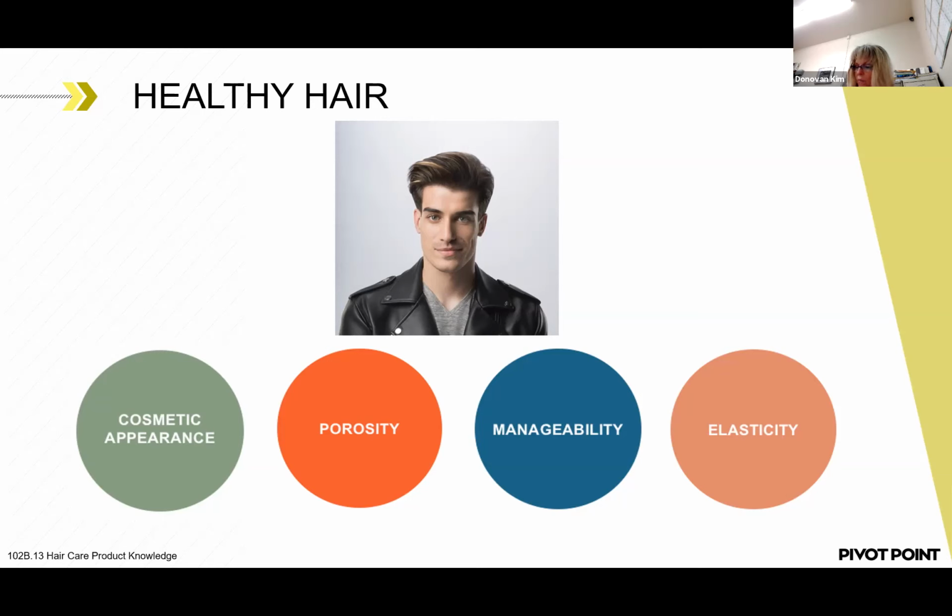Tensile strength measures the amount of tension that can be applied before the hair breaks. Your hair will break eventually, but how far is it going to stretch before it breaks? If it stretches like a rubber band when wet, that's not healthy.